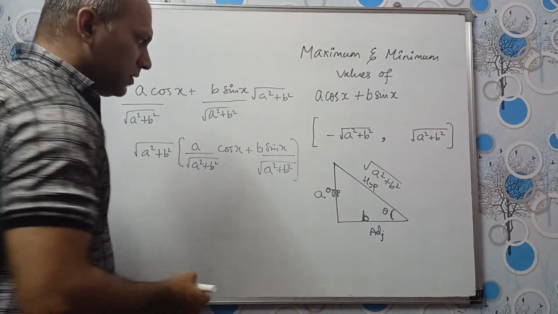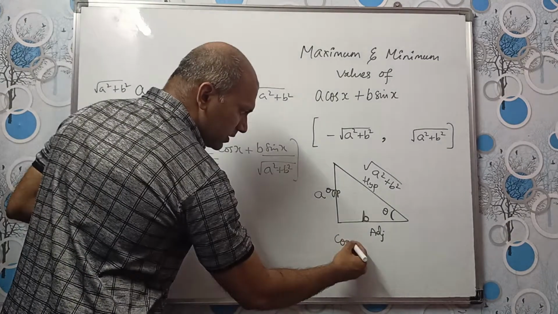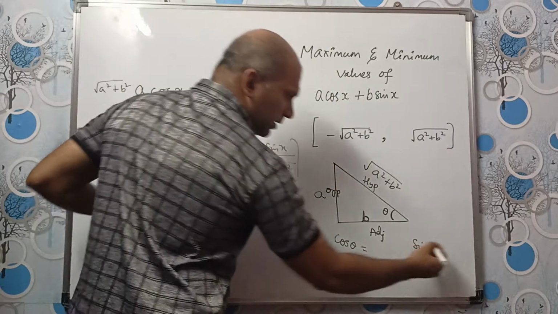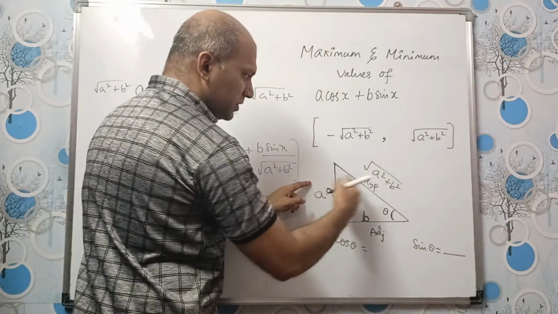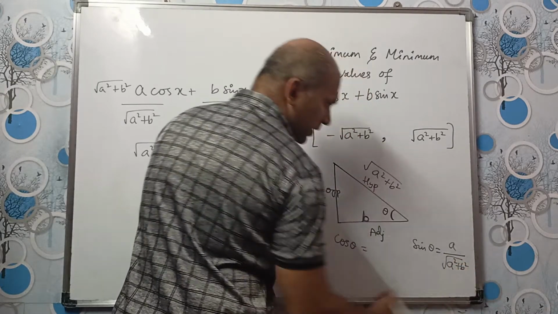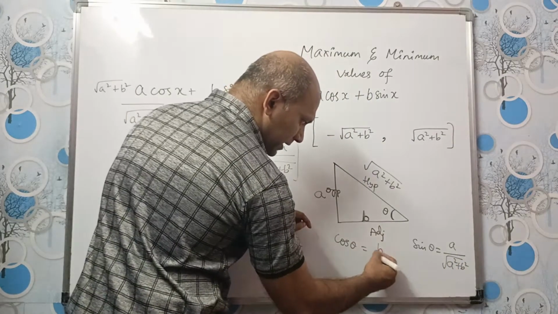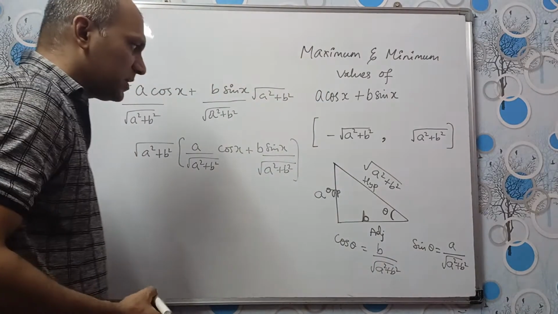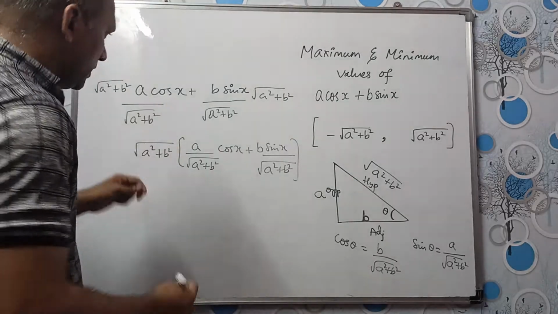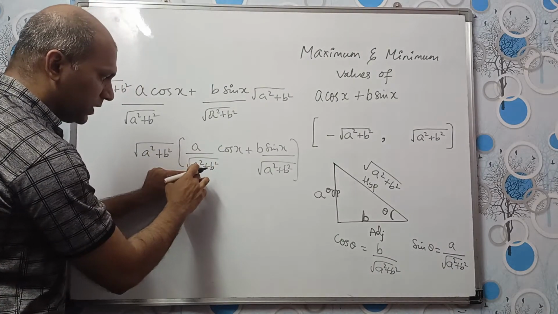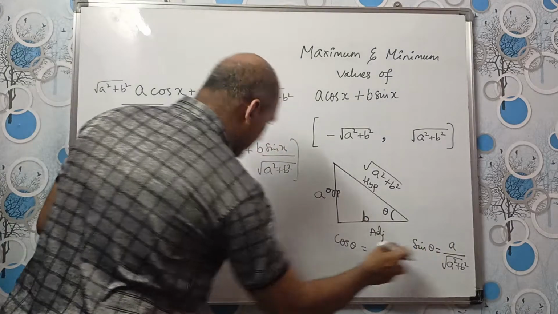So what is the cos value and what is the sin value? Sin is opposite by hypotenuse, that is a by root of a square plus b square. Cos is adjacent by hypotenuse, b divided by root of a square plus b square. So this a divided by root of a square plus b square is sin theta.